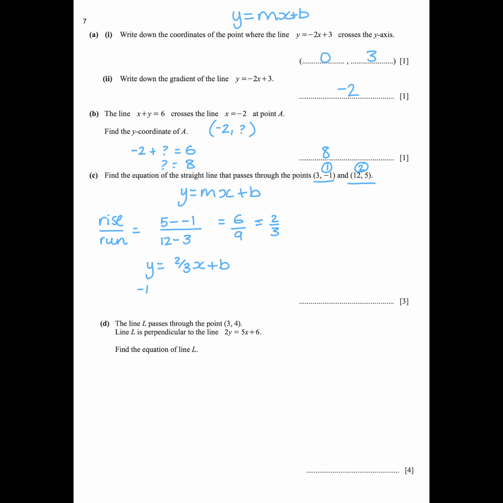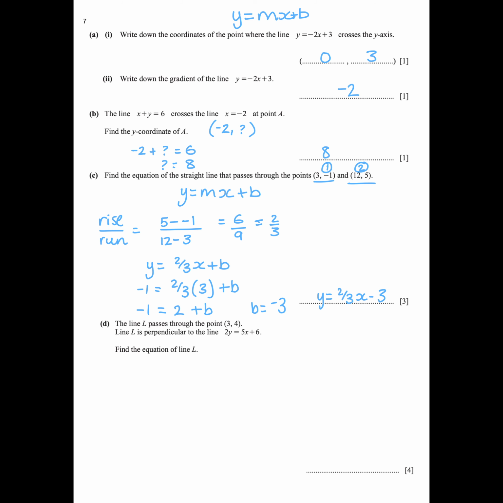So minus 1 is the y value, and 3 is the x value. So minus 1 is equal to 2 plus b. And therefore we can see that b is minus 3 if I subtract the 2 from both sides. So b is minus 3, and you could also use n-solve on your calculator for that. And therefore my final answer is that y is equal to 2/3 of x minus 3.